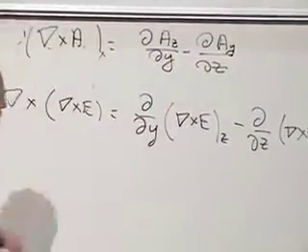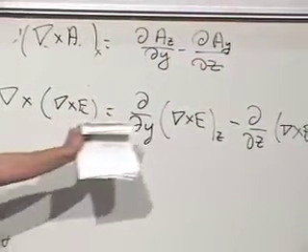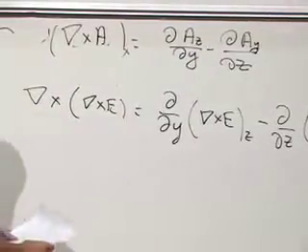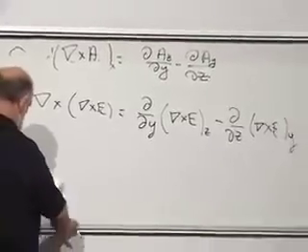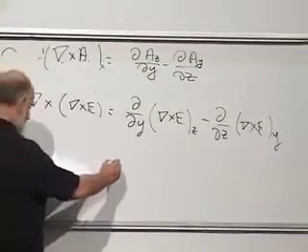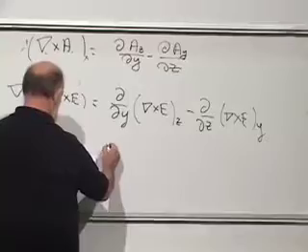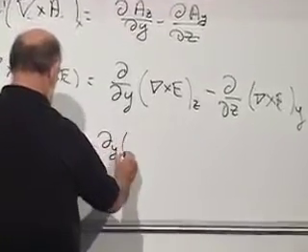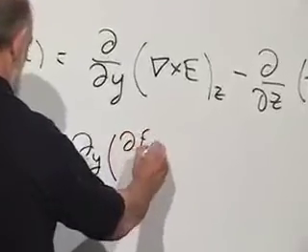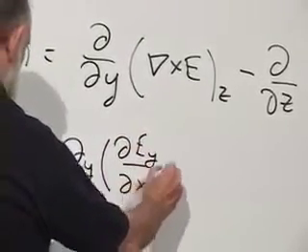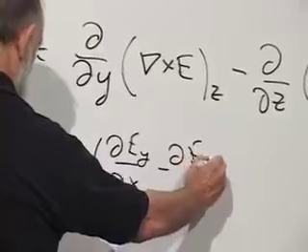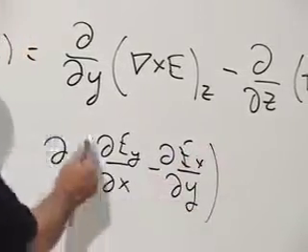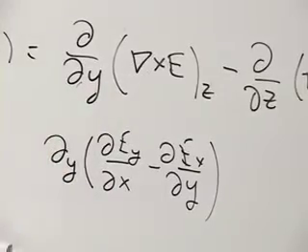But now we substitute for these components the same trick. And here is the result, the grand result. It's d by dy of (derivative of Ey with respect to x minus derivative of Ex with respect to y). That's d by dy of this term.